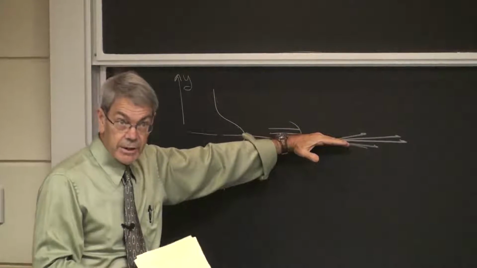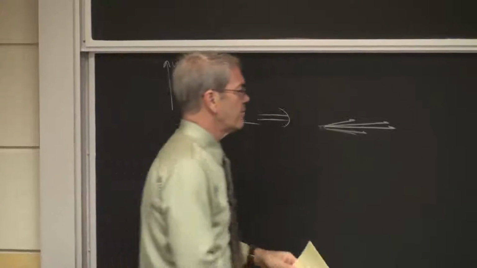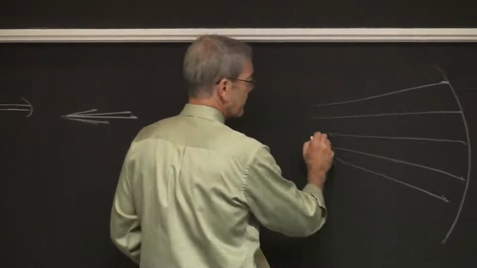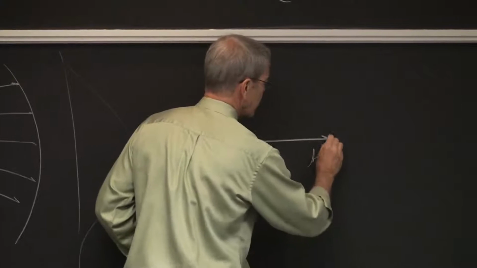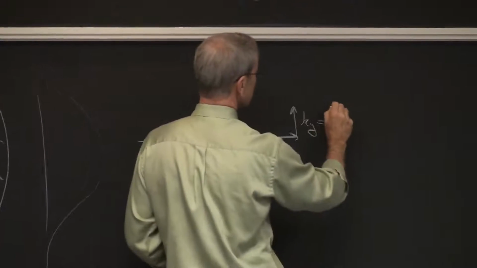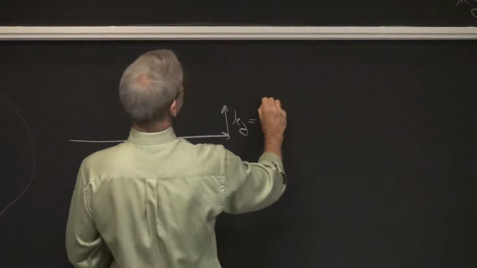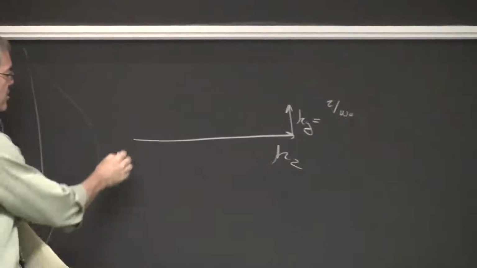That's just k z, and then I'm going to add some other vectors to it. And probably the biggest one, I'm going to have k z going along here, and then I'll have some k y over here, and that's going to have a value of 2 over omega naught. So that gives you a sense how much the beam is spreading.